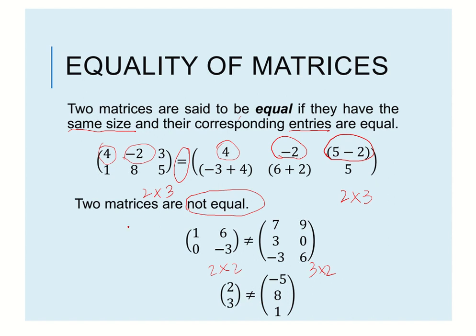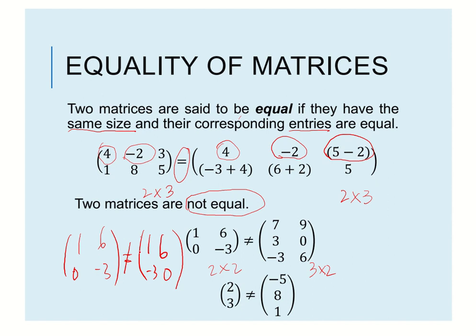Now, let's see another example. If we have 1, 6, 0, -3, and another matrix is 1, 6, -3, 0. Are they equal? No, they are not. The reason is, although the two matrices have the same size, the corresponding entries are not equal.